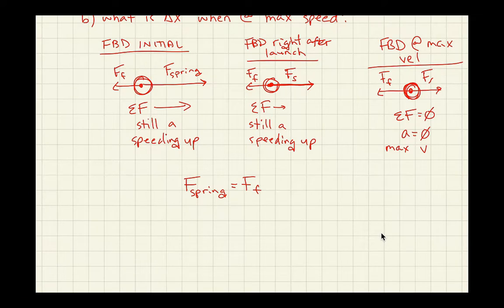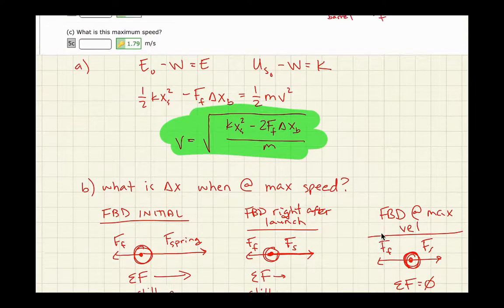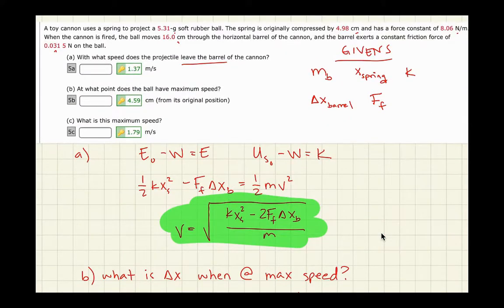Force of spring is k times x. That's Hooke's law, which was discussed briefly when we talked about spring force in the first place. So that's going to be equal to my frictional force. And so then that x is going to be the frictional force divided by the spring constant. Again, my frictional force is given, my spring constant is given.